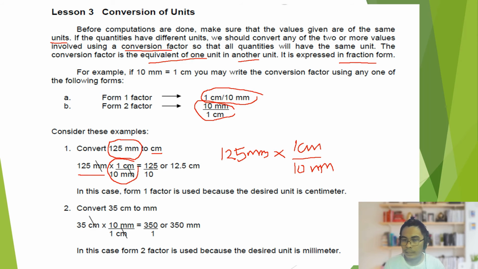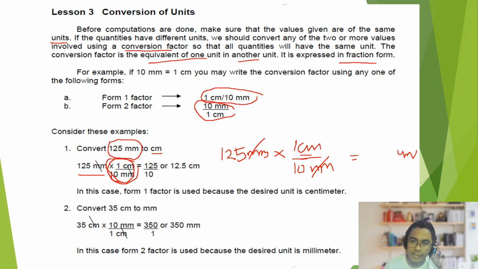Because we need to cancel the units, one on top and one on the bottom, so that the unit asked for in the problem remains. Therefore, the unit for our final answer is centimeter. This 1 divided by 10, we already know initially because we know the conversion of centimeter to millimeter.